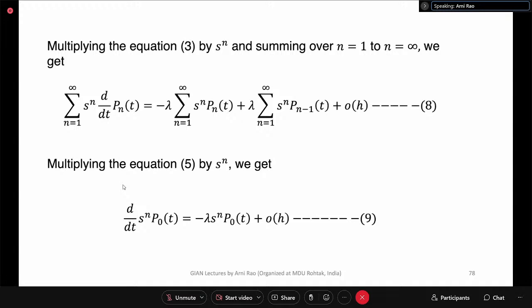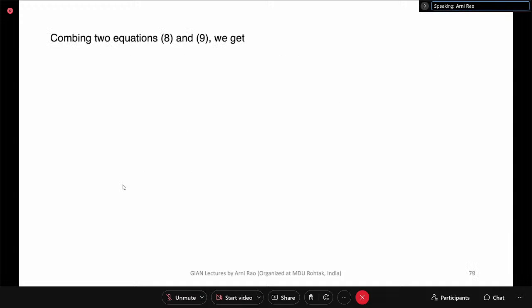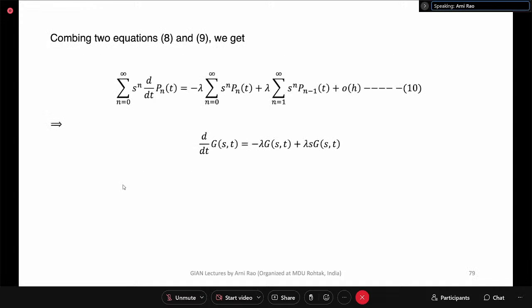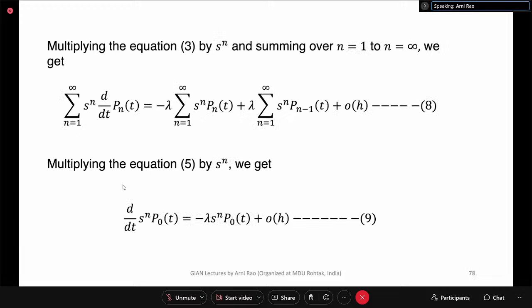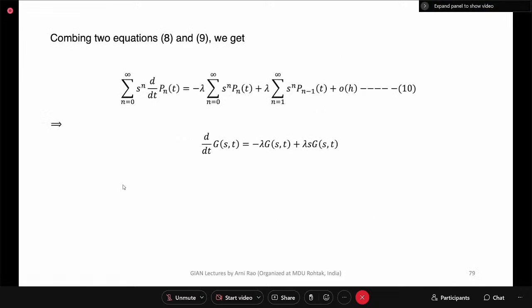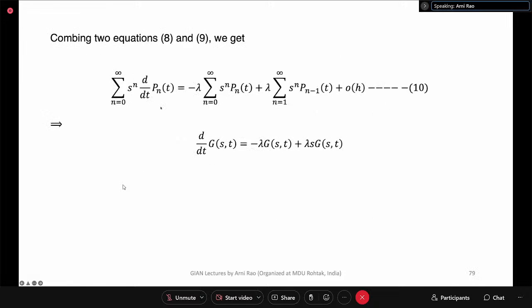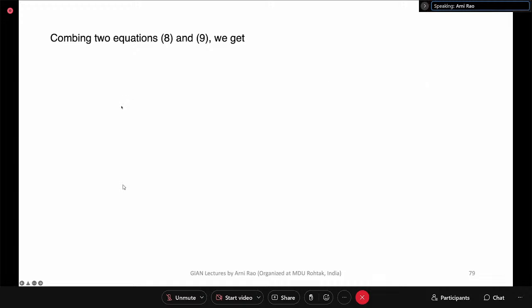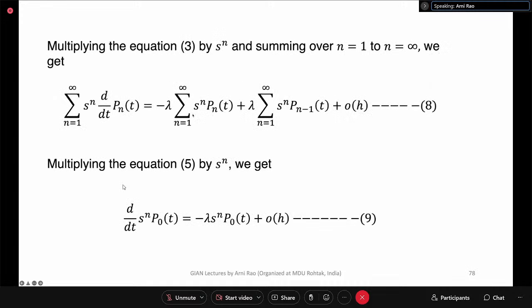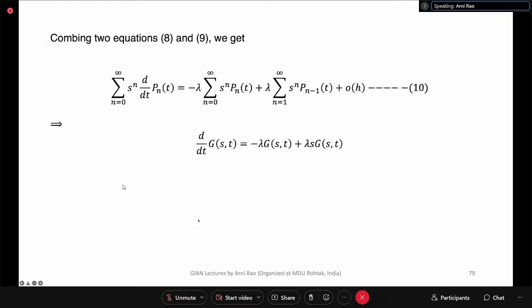Combining these two equations, 8 and 9, the summation n equal to 1 to infinity together becomes n equal to 0 to infinity.